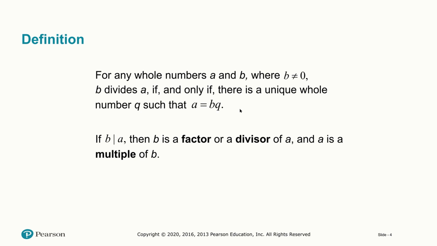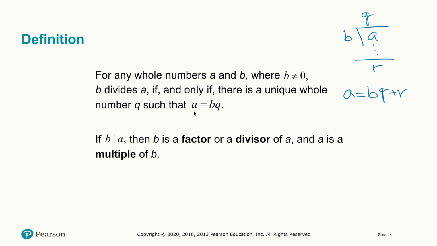Think back to the division formula: when we divide a by b, we get a quotient of q and a remainder of r, and the formula was a equals bq plus r.